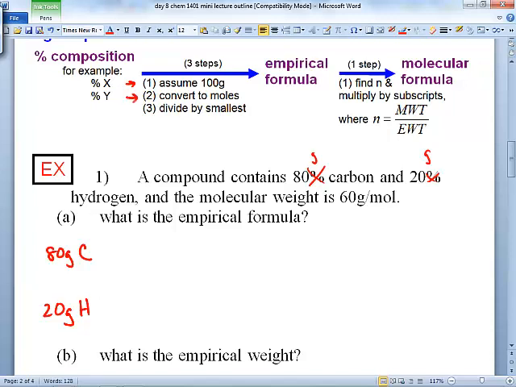I have to convert to moles. So how do you go from 80 grams of carbon into moles of carbon? What would you do? Get the molar mass. All right. And where is it? 12.01 about? Okay, he's right. Everybody, the 12.01 grams goes on the bottom.